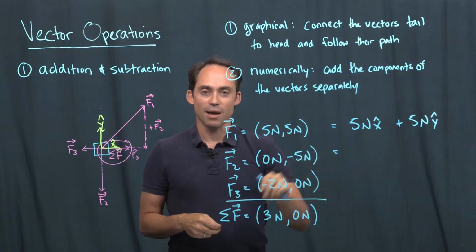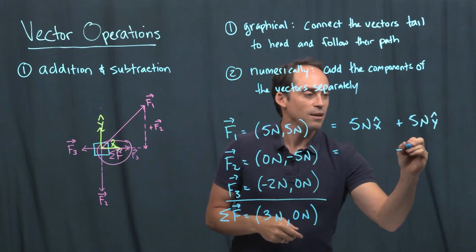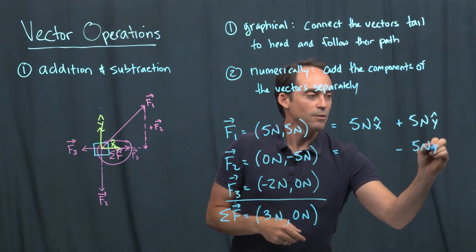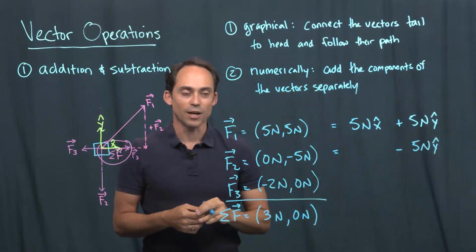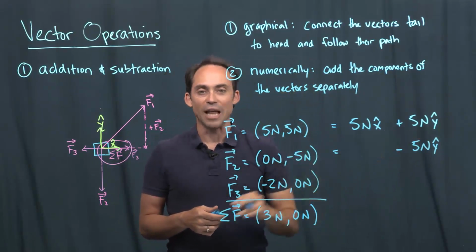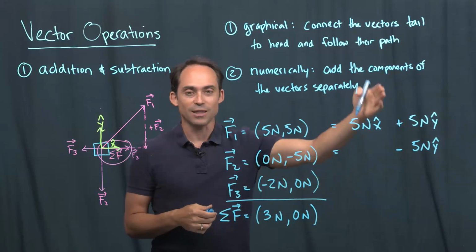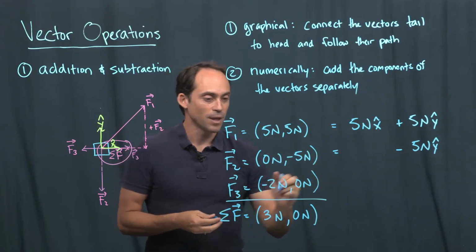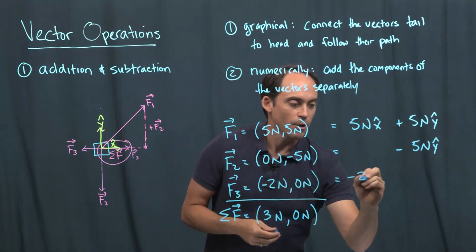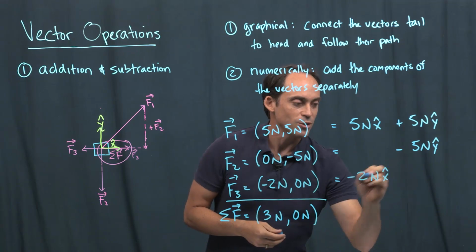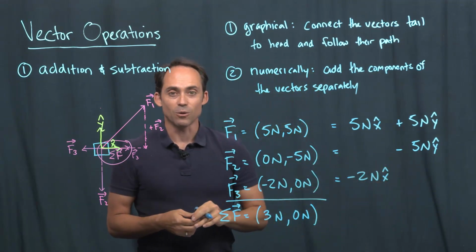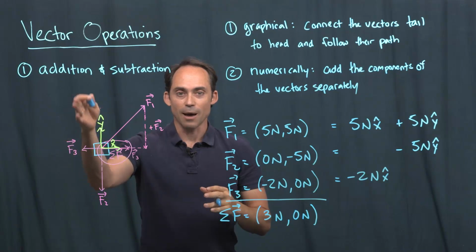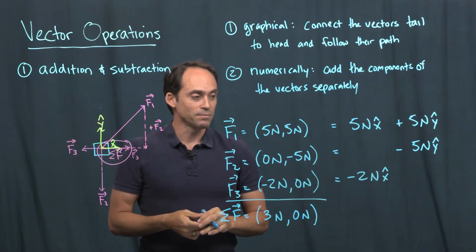So I'm just going to leave that blank and just write down the y hat component. I've left this blank, but notice that I've lined this up because I'm going to look at the different components separately. And same thing here, I'm going to write down something for the x hat direction, but not write anything down in the y hat because there's nothing in the up or down direction for this third vector.